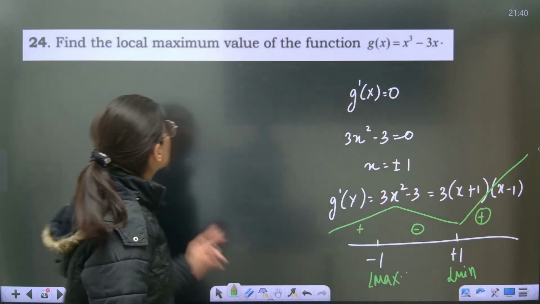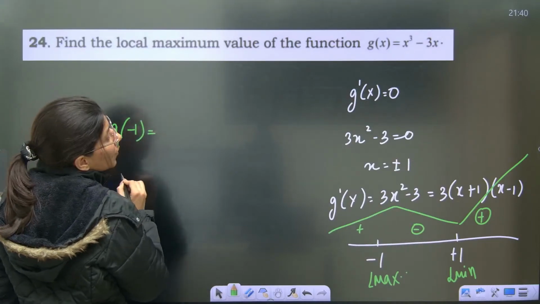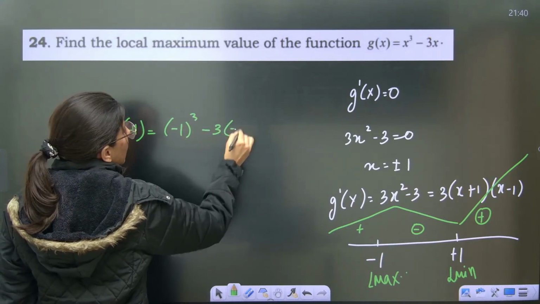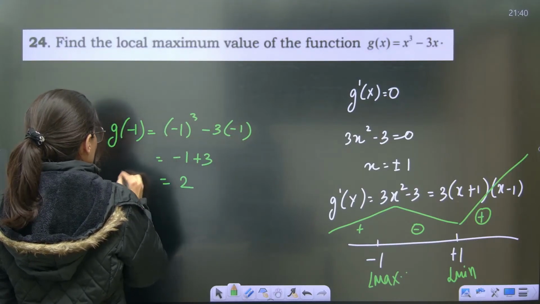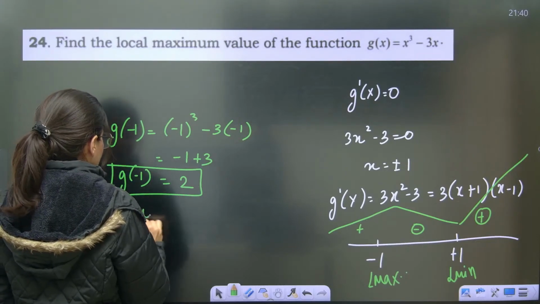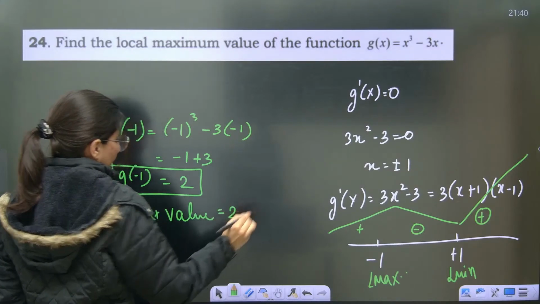So g of minus 1 is going to be the local maximum value, which is minus 1 cube minus 3 times minus 1. So this is minus 1 plus 3, that is going to be 2. So g of minus 1 is going to give you local max value equals to 2.